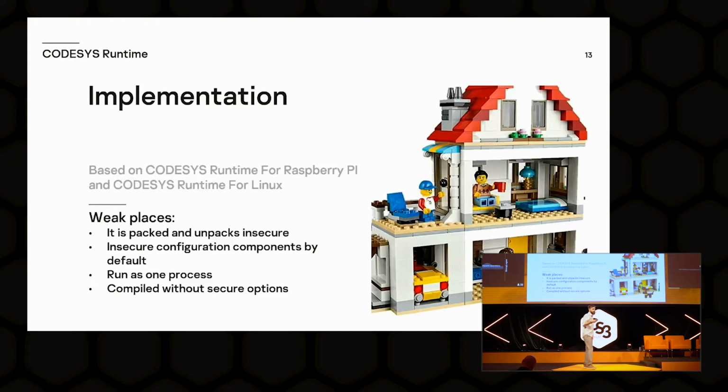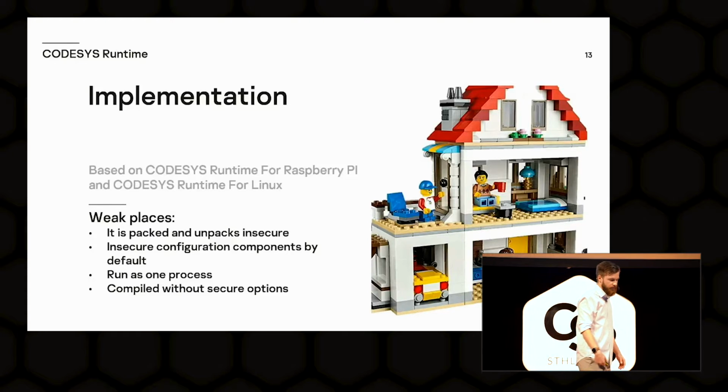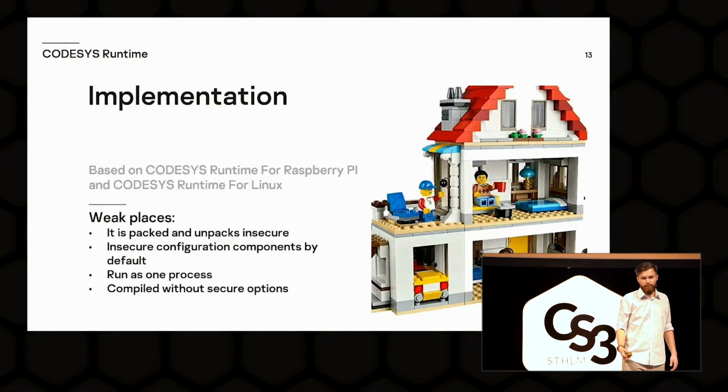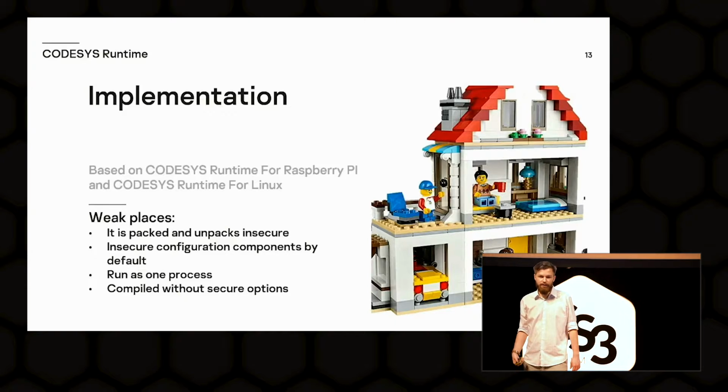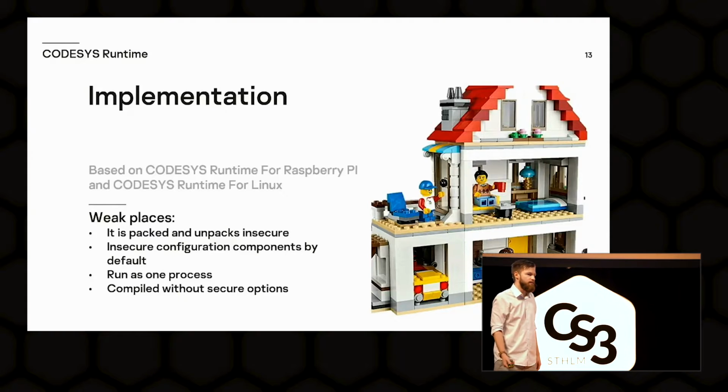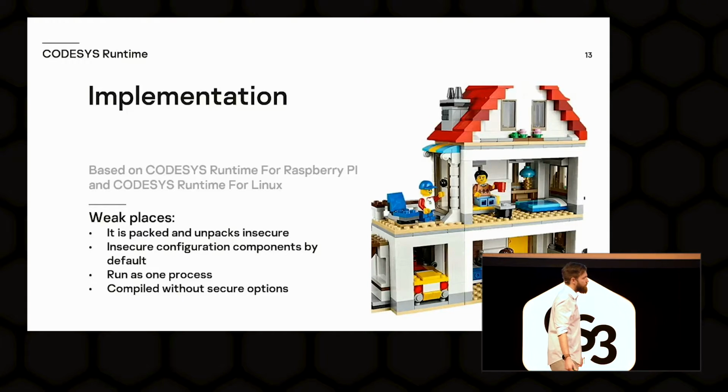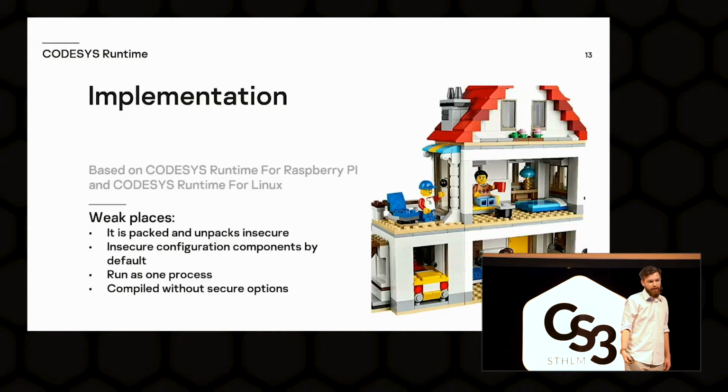So if something crashes, then everything else will crash. And yes, the daemon of CODESYS Runtime in Linux runs with root privileges, the highest privileges in the system, and the soft PLC for Windows also runs with the highest privileges, so with the system privileges.